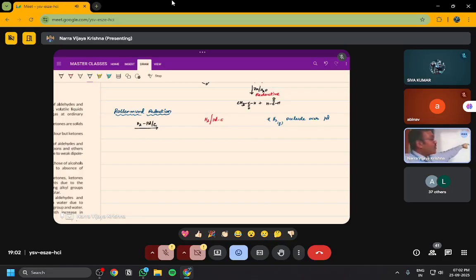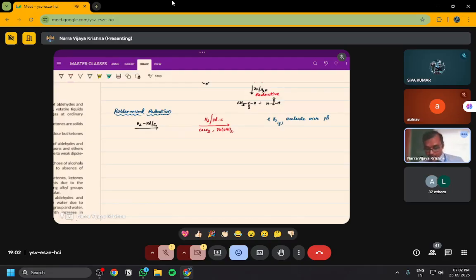Is it clear? So here I have written H2, palladium, palladized carbon, right? Over the surface of calcium carbonate or lead acetate.